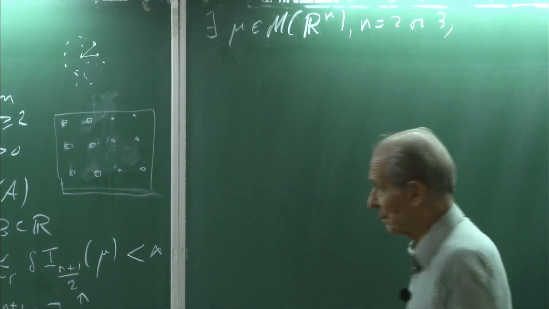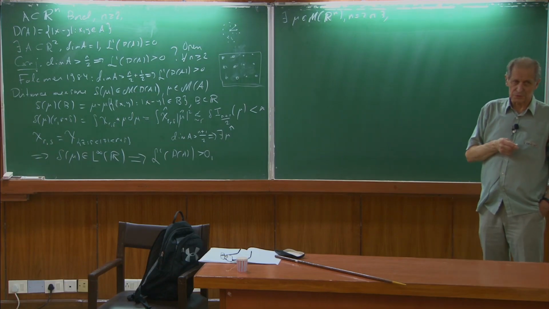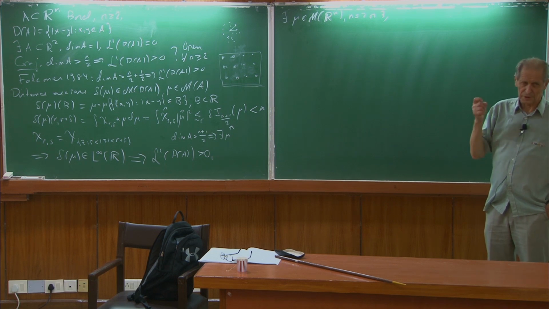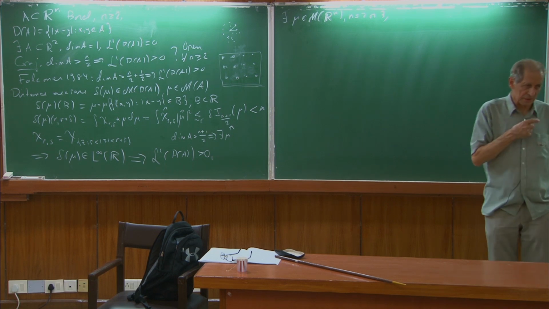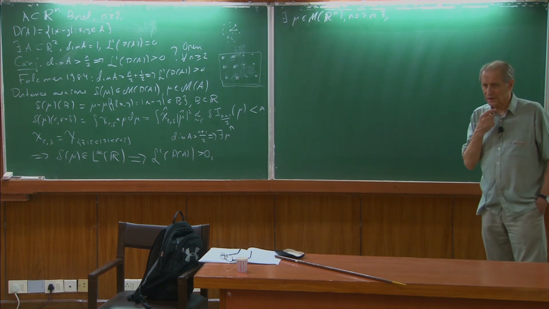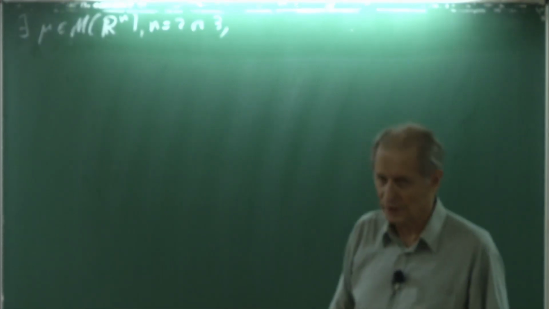So I gave the example in R^2 about 40 years ago, and then Iosevich and Senger noticed that my proof, which I claimed works in all dimensions, doesn't really work. And they gave an argument in R^3, and this example is not known in higher dimensions.